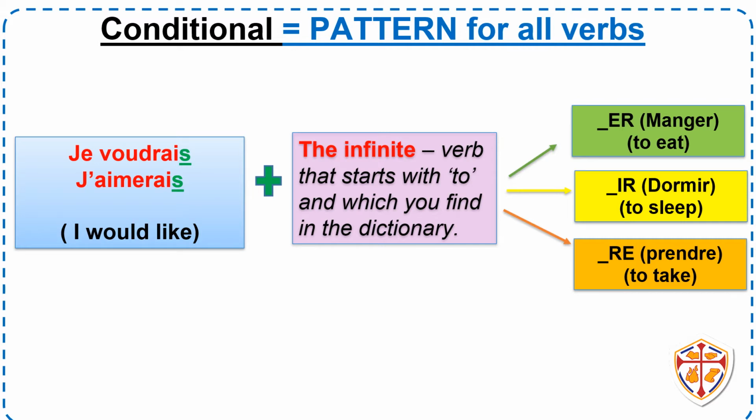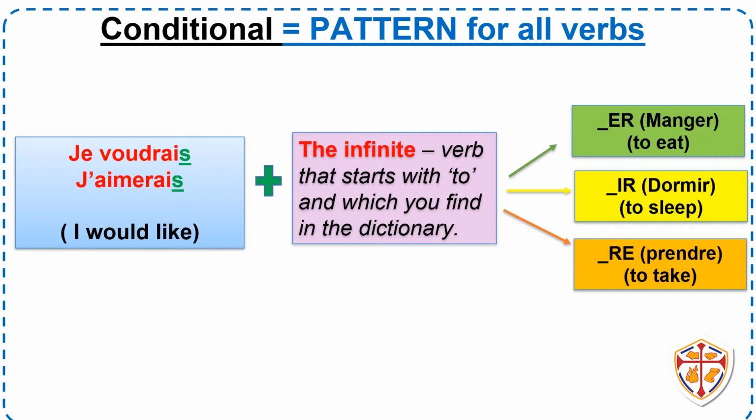In French, however, the infinitive verbs have three different endings. The first one, er verbs, example manger, ir verbs, example dormir, and re verbs, example prendre. Therefore, when you're forming the conditional tense, you would start with I would like, je voudrais, j'aimerais, plus the infinitive.